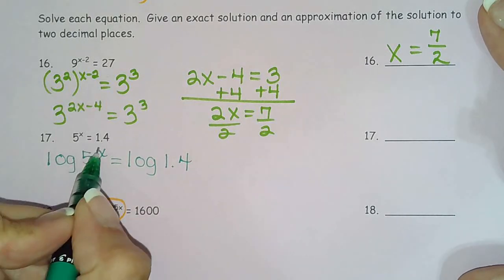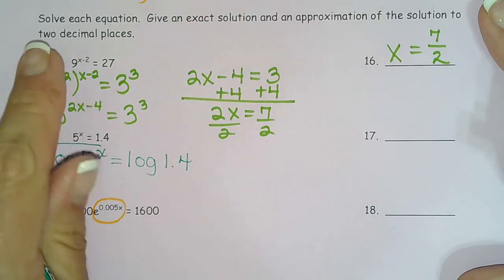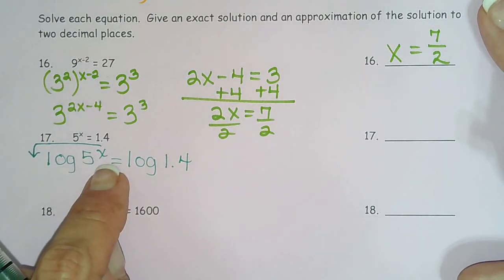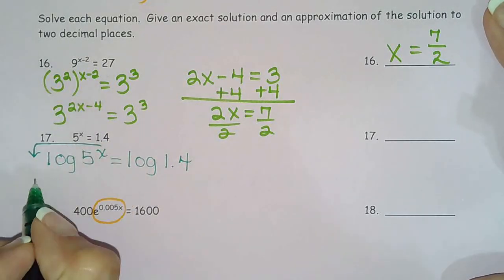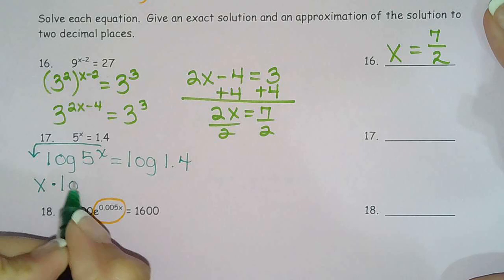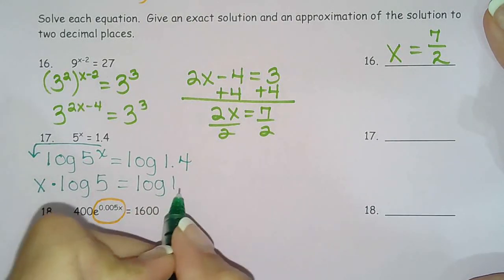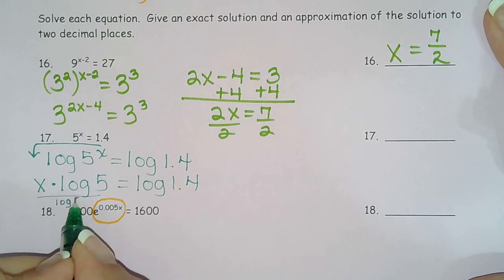So remember what I said? Tell yourself, well, this is solved. That means I'm trying to get x alone, but how can I get x alone when it's up in the air? So that's your hint to do the power rule. So x times log of 5 equals log of 1.4. Then to get x alone, you divide both sides by log of 5.